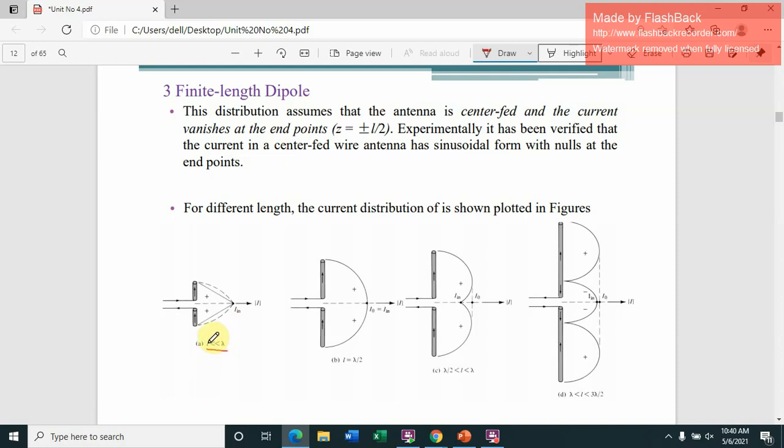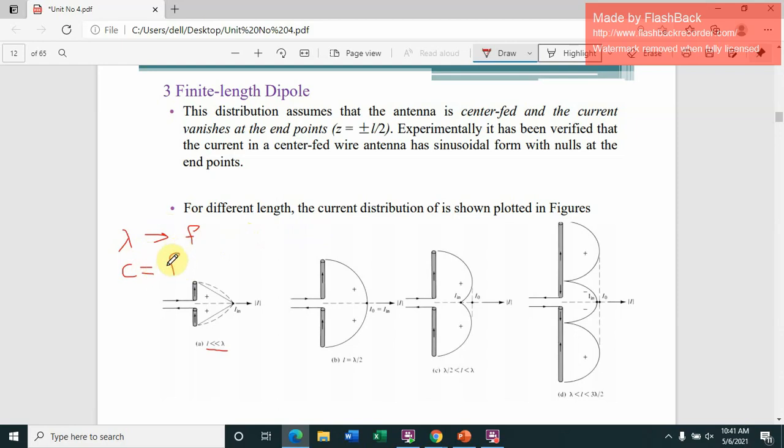The length of the antenna should be compared with lambda, and the value of lambda depends upon the operating frequency f, because we know the basic equation c equals f lambda.